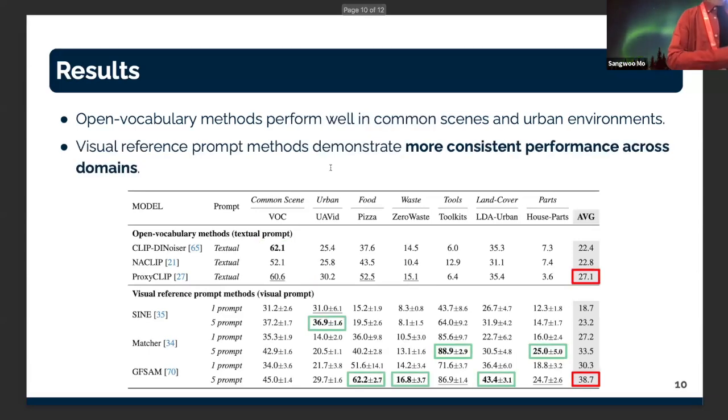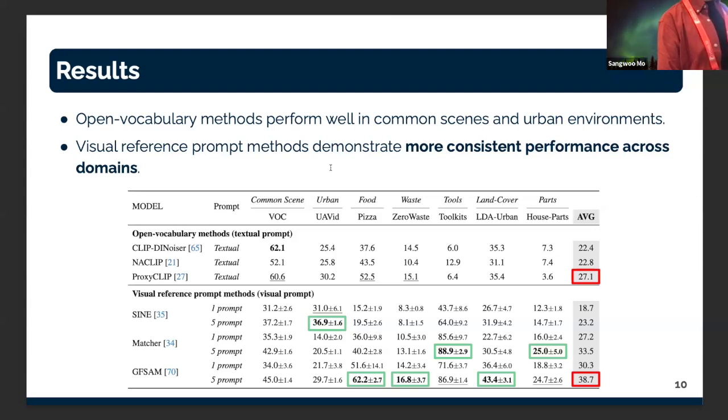But when you move to more challenging datasets, for example, toolkits or LoveDA or HouseParse, the performance changes and visual prompts perform really well. For example, you can see that on the toolkit dataset, visual prompt methods achieve 88, while the best performing open vocabulary methods achieve only 12.